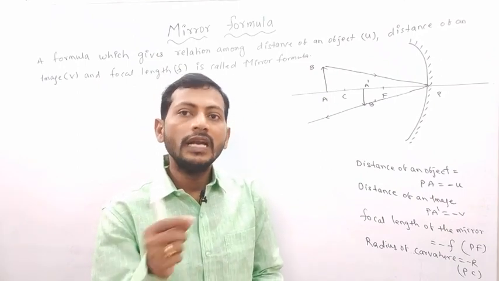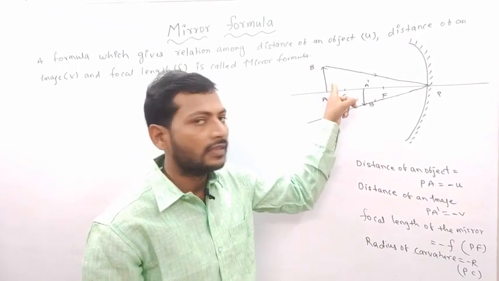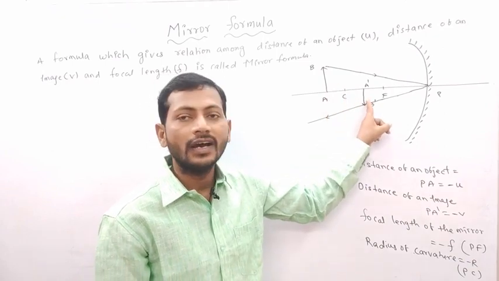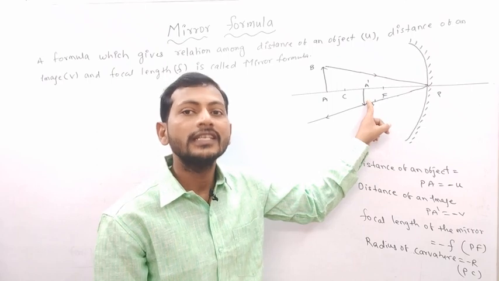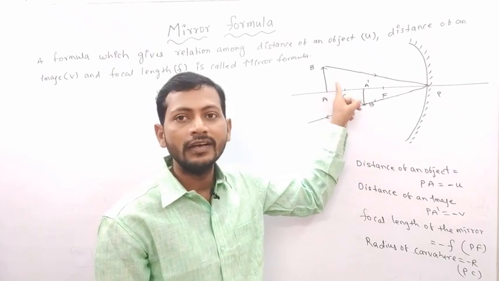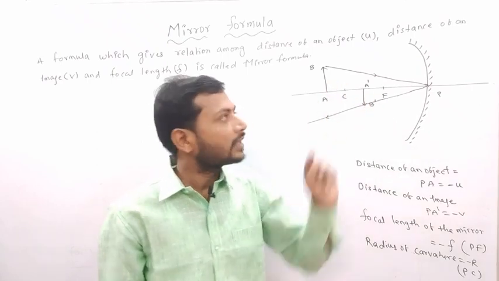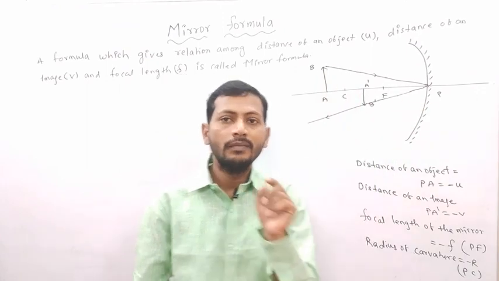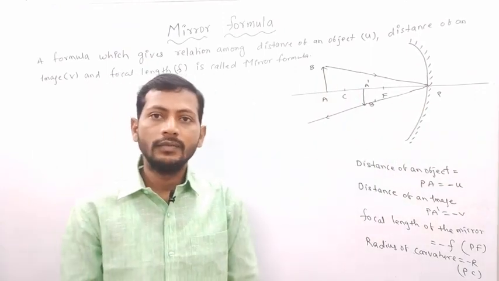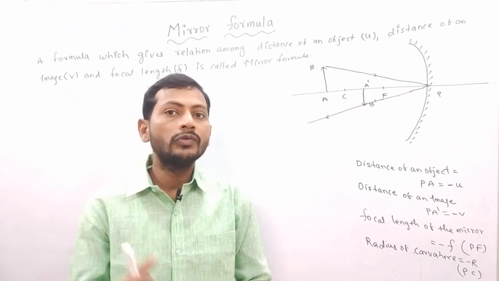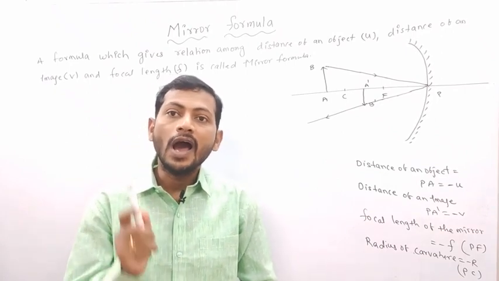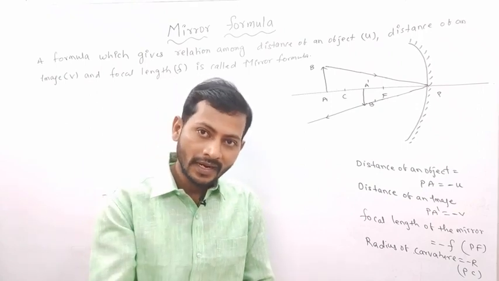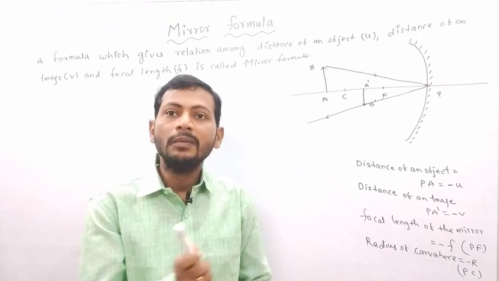Then which relation are you going to get? Sir, this is the object triangle, this is the image triangle. Then you get a relation between object and image. For that purpose I have taken this ray. The second ray has to give the relation of object to mirror and image to mirror.